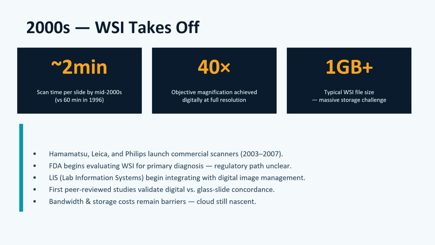Companies like Hamamatsu, Leica, Philips launched commercial scanners. The FDA began paying attention, but regulatory approval was still years away. Lab information systems started integrating the digital images with management. And critically, peer-reviewed studies began validating that digital slides were concordant with glass. The science was catching up with the technology in the 2000s.